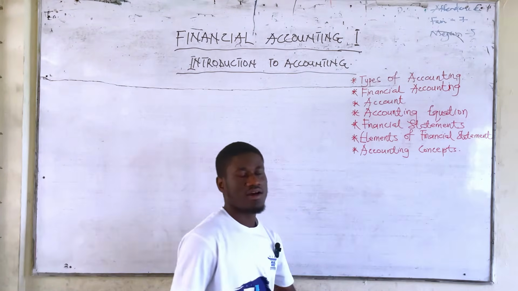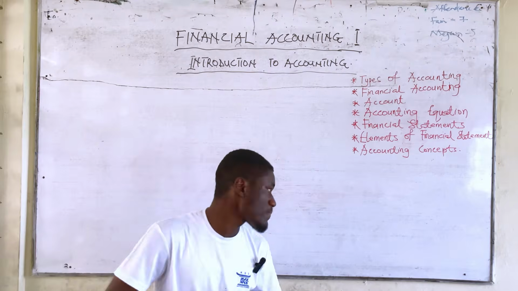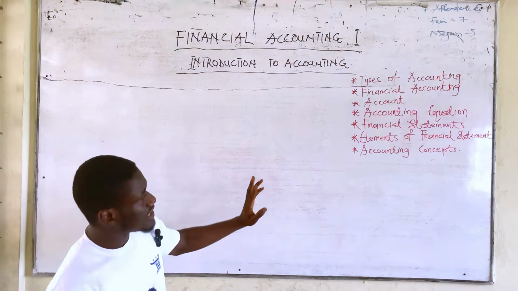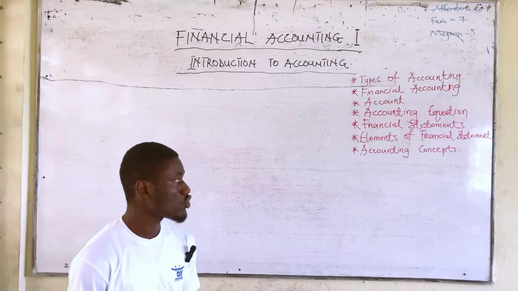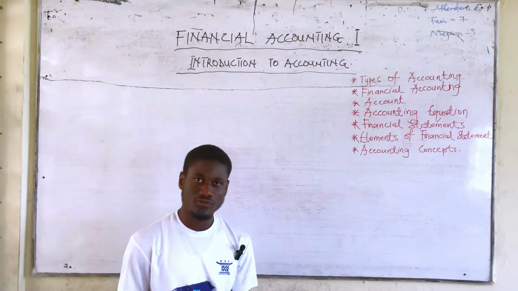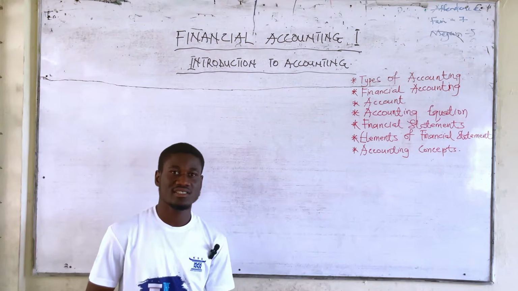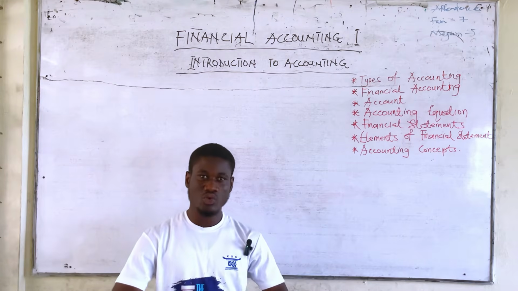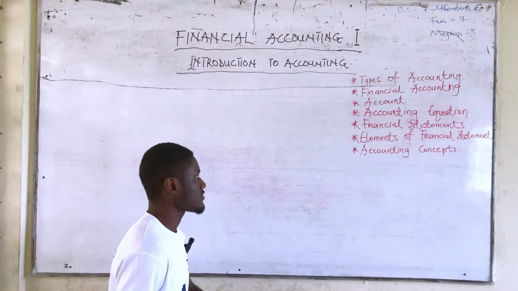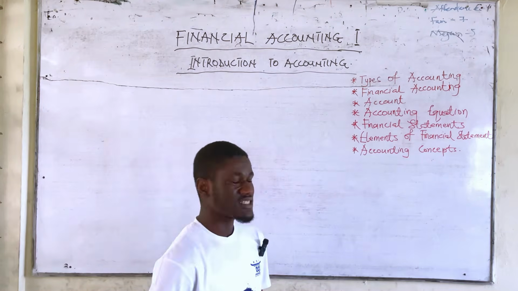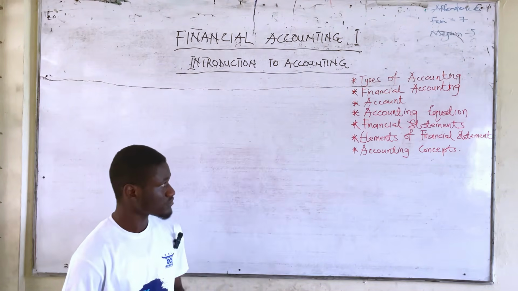Now we have the statement of cash flow. That statement is used to determine or show the cash inflows and outflows of the organization. How cash moves into and outside of the organization. Good. That's simple as that. Then we have the statement of changes in equity.